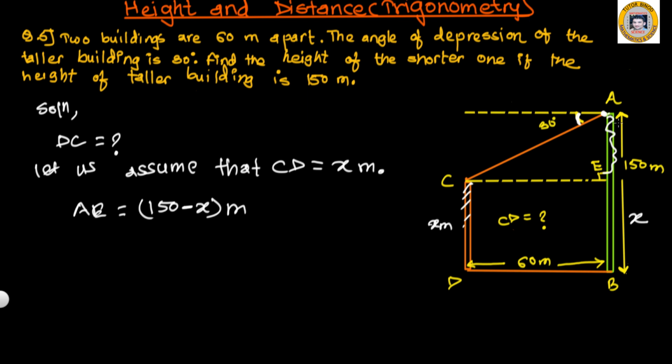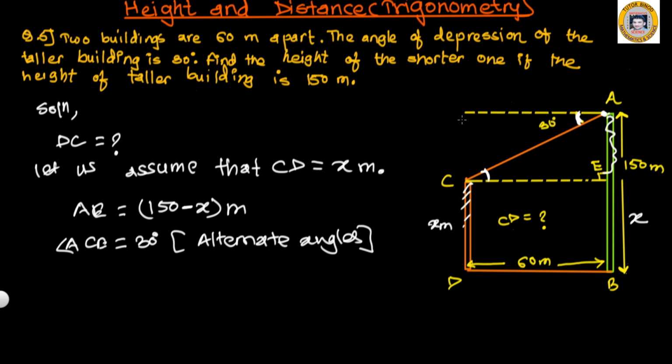meter. Also, this is the alternate angle to this, which are equal. So this angle ACE equals 30 degree because alternate angles are equal. Now since I have the height and I have this length from C to E, which is 60 meter, I can use the tangent because I have perpendicular and base or adjacent.